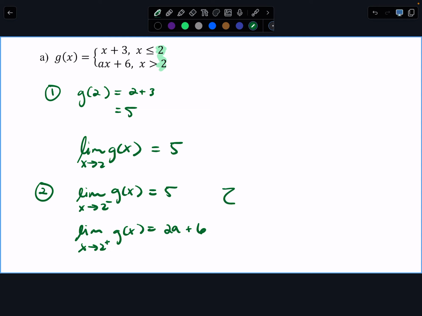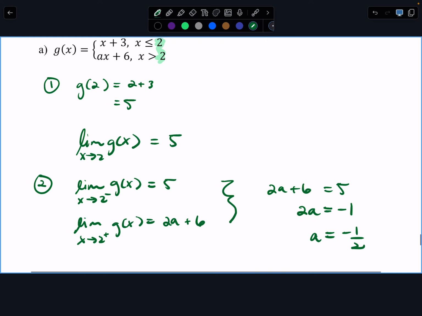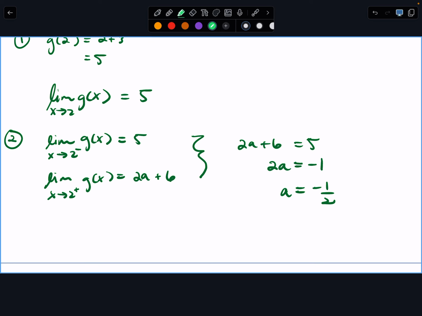For the two-sided limit to be equal to 5, what would have to be true? Yeah, 2a plus 6 must be equal to 5. So that means a would have to be equal to negative 1/2.